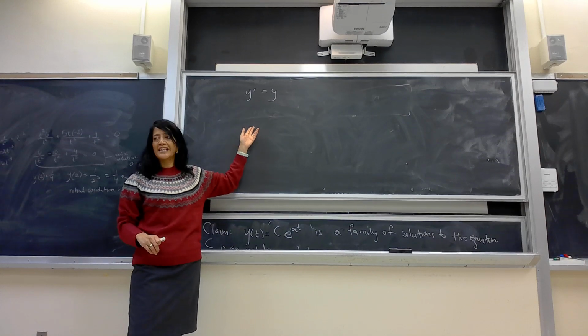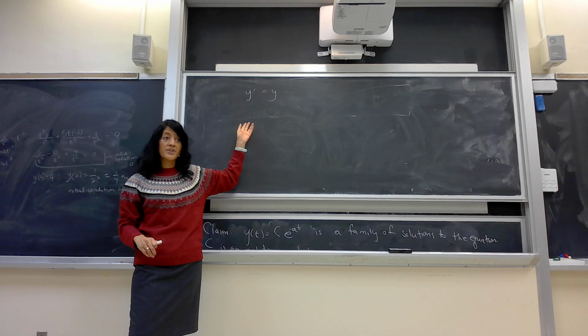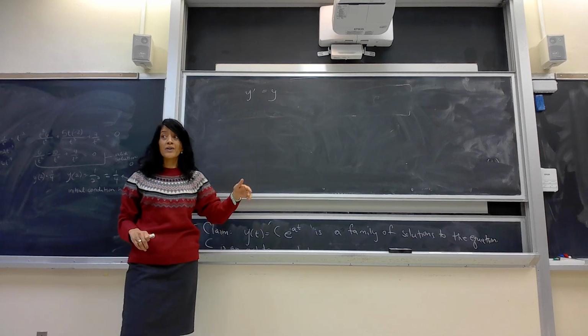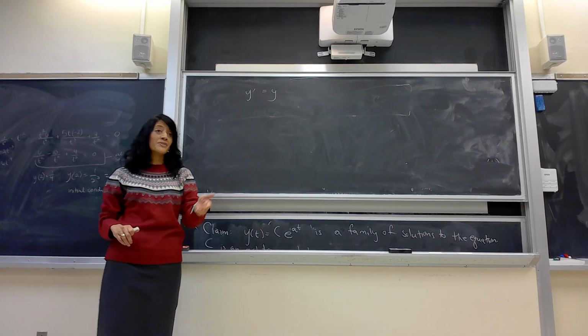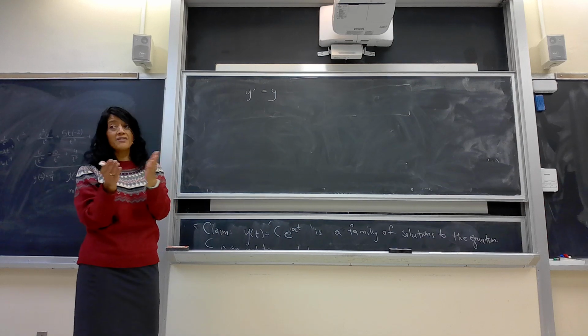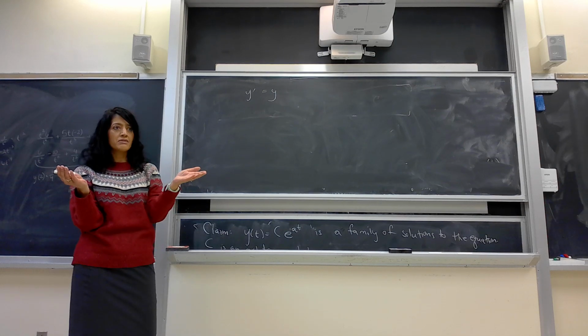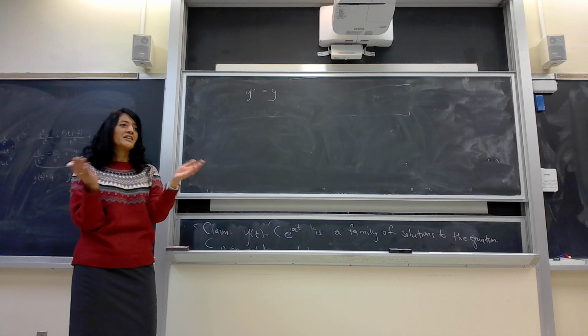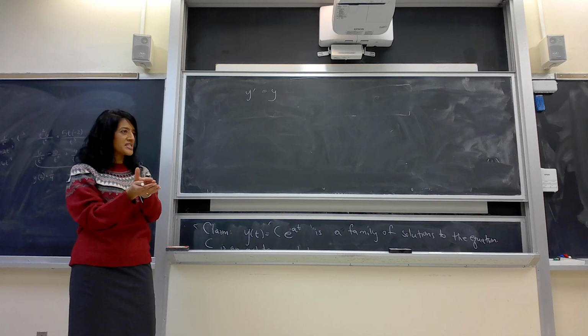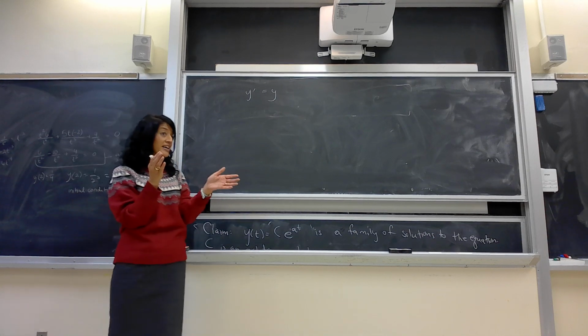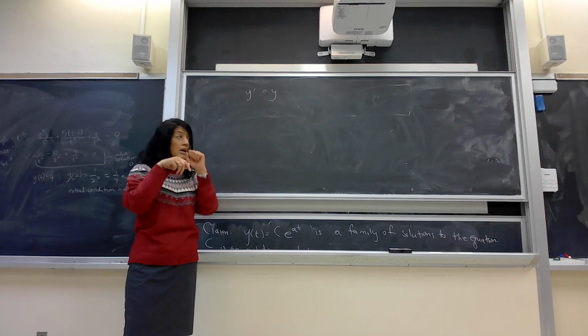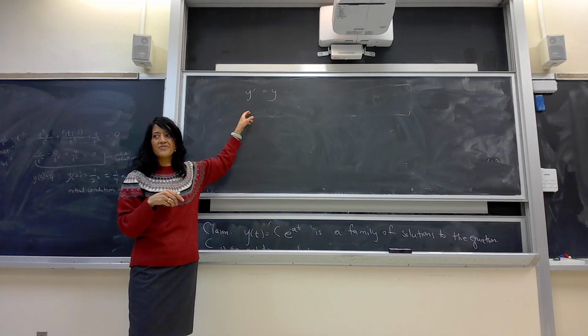But I do have some information about the derivative, and that class you had in calculus tells you something about it. If the derivative is positive, what's supposed to happen to the original function? Increasing. If the derivative is negative, it's decreasing. And you know something even about concavity from the second derivative. You can even relate it with the first derivative.